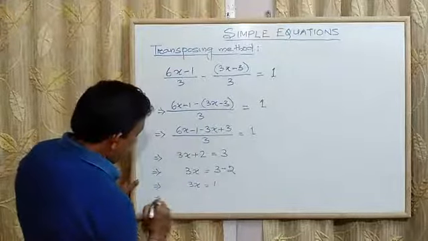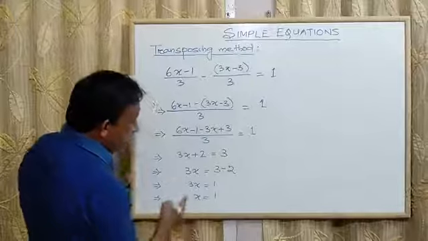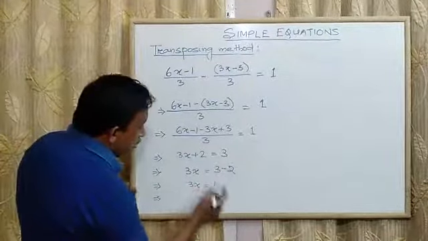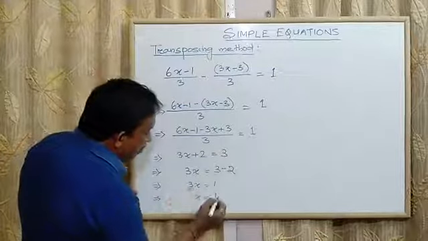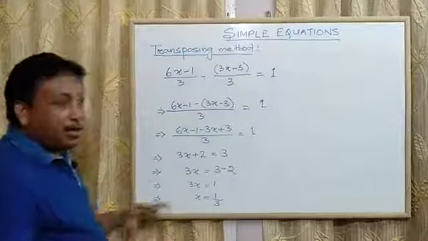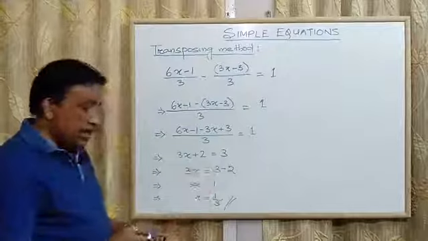So finally for x, 1 was already on the right hand side, this 3 is connected to this variable by a multiplication sign. So when it goes to the other side, it will go to the denominator. So x becomes 1 by 3. So I hope this transposing is clear to you.